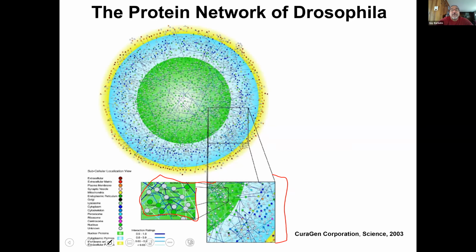And you can see if this looks like a cell to you, that's exactly right. And things that occur in the green are nuclear proteins. Things that occur in the blue are cytoplasmic proteins. And things that occur in the yellow are extracellular proteins. So those are proteins that exist in the extracellular matrix.